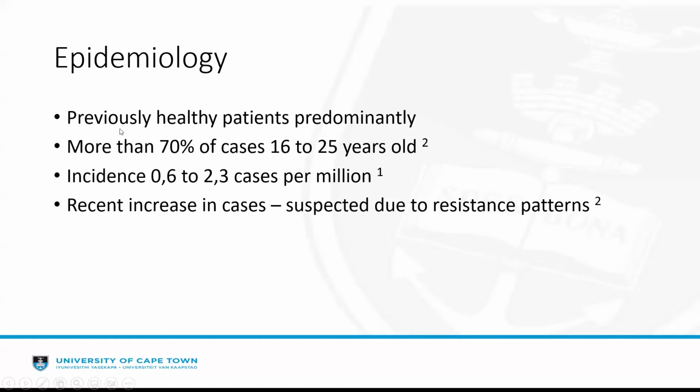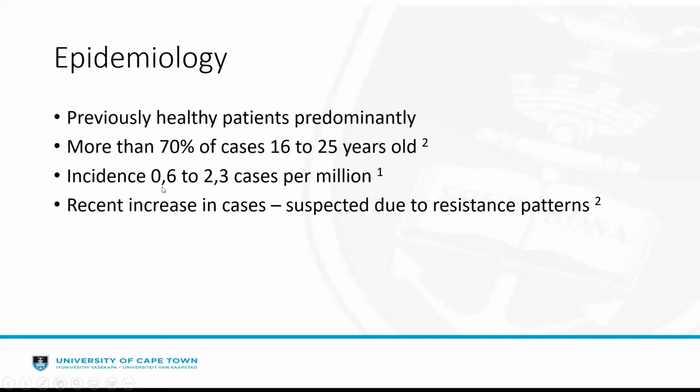Epidemiology, this predominantly happens in previously healthy patients, that's immunocompetent with no other comorbidities. More than 70% of the cases happens in adolescents from 16 to 25 years old, although it's been described in patients of 80 years old. The youngest patient described was 5 weeks old.